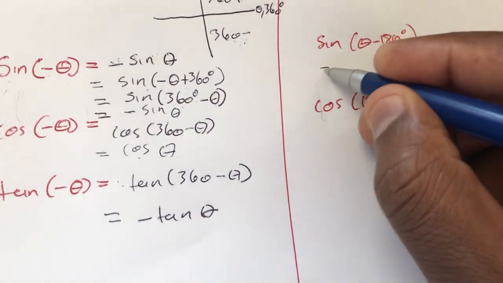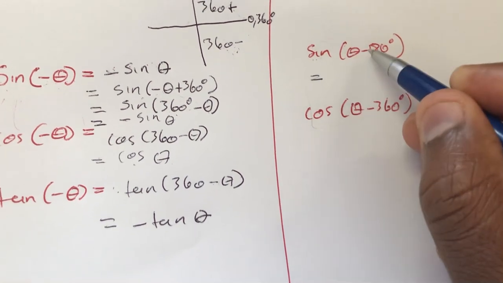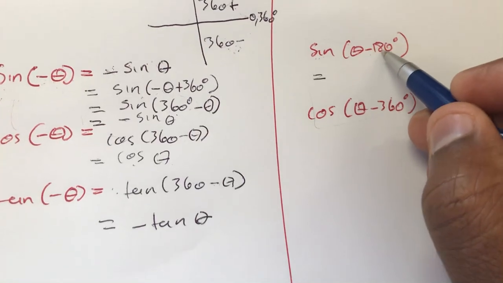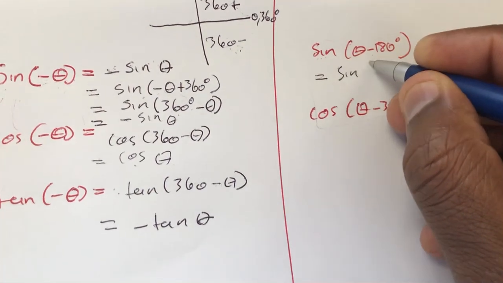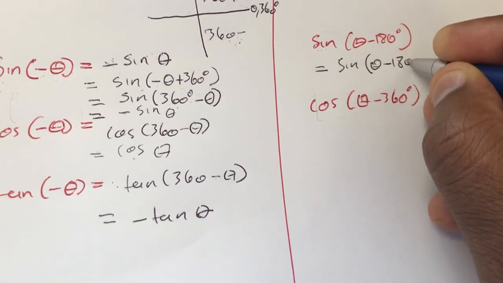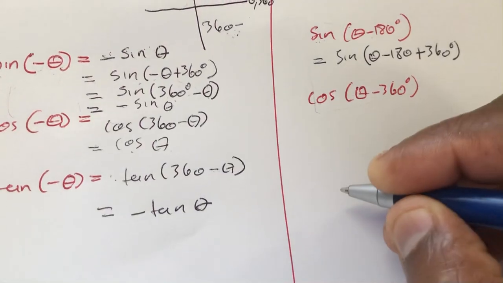These are reductions, okay? So whenever you have sine or tan or cos of theta minus 180 degrees, you need to get rid of this negative 180. So you will say the sine of theta minus 180, and then you always add 360 degrees.